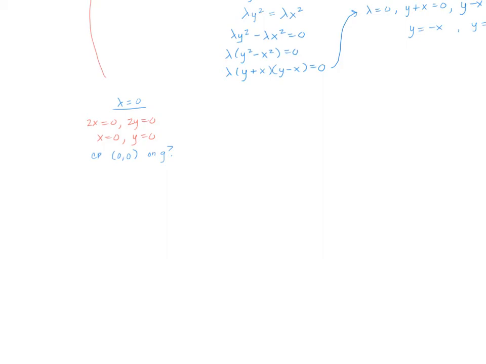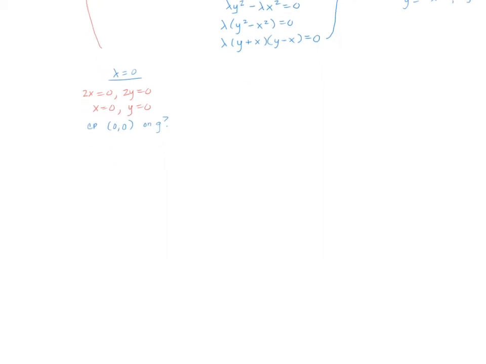If you put in 0 for x and 0 for y, you get 0 is equal to 7, which is not true. So when lambda is equal to 0, it corresponds to the point 0, 0. That's not a point on our constraint function, which means I cannot use this value for a critical point.